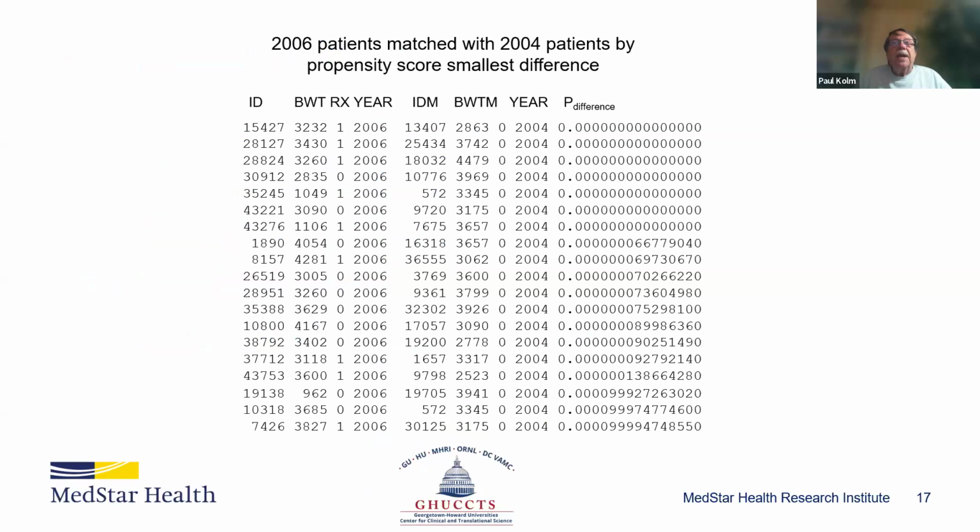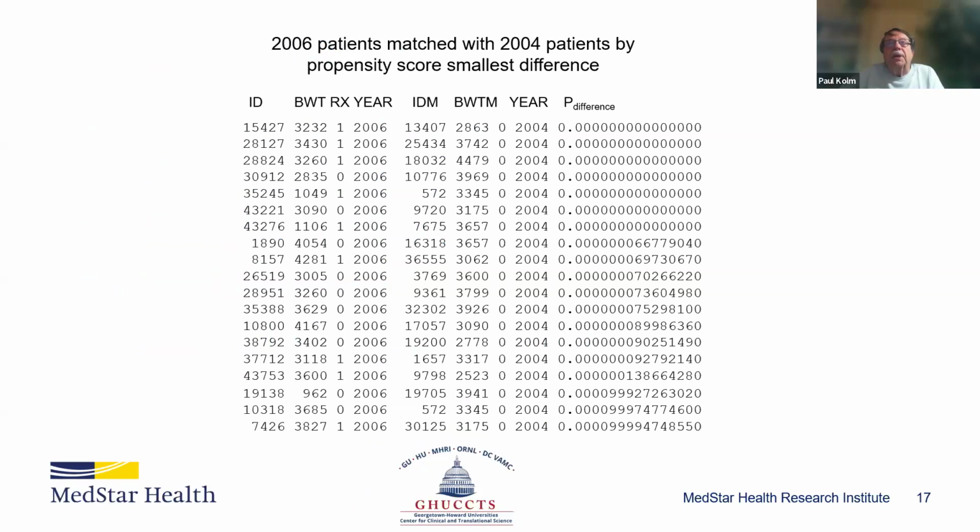Here's an example of the matching. In the very first row, the very first patient in the post-intervention year 2006 is matched with a patient in the pre-intervention year 2004, and the difference in their propensity scores is really, really small.